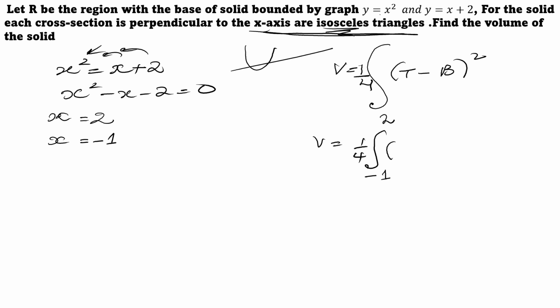So if I visualize the graph, even if I am not drawing it to scale, I know that the line is on the top and the parabola is at the bottom. So what will I write? The line, that is x plus 2 minus x square, whole square. Don't forget to put the square at the end, and dx definitely. Write it in the calculator, get the answer.